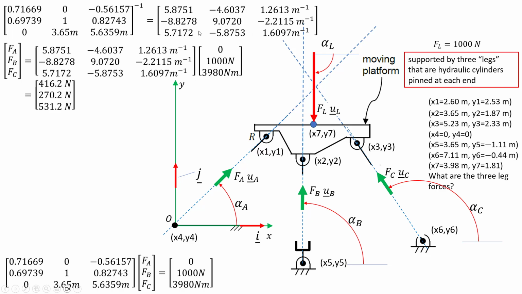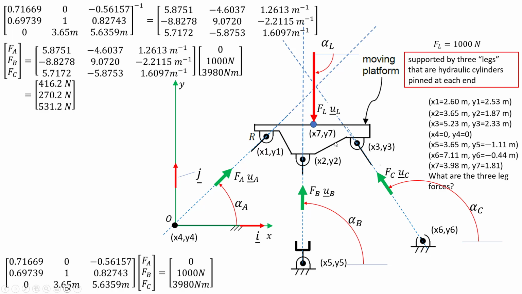Then when I multiply this matrix inverse into the right-hand side vector, I get the solution vector. FA is 416.2 newtons, FB is 270.2 newtons, and FC is 531.2 newtons.